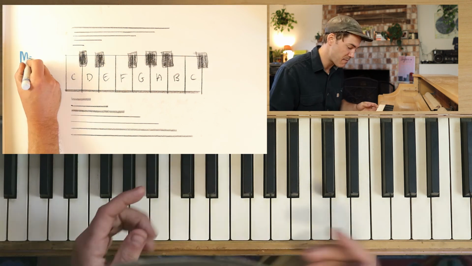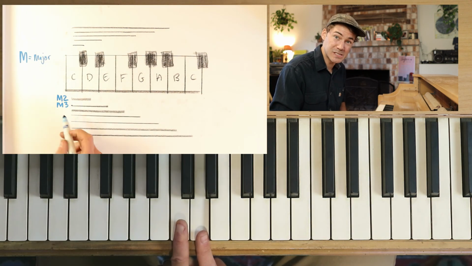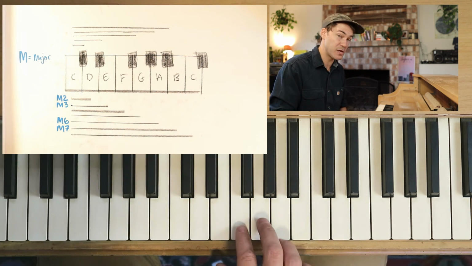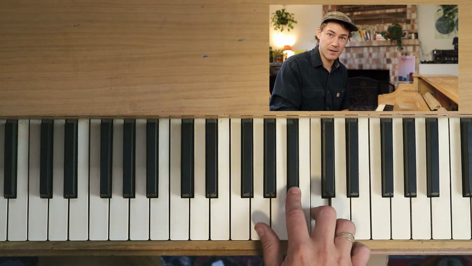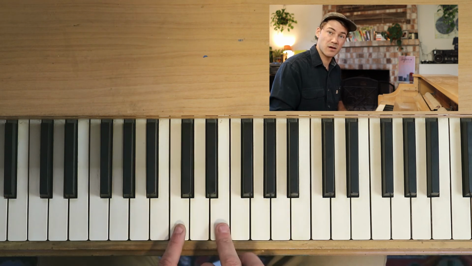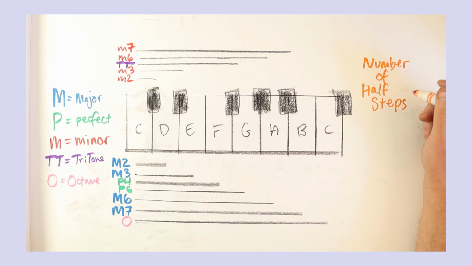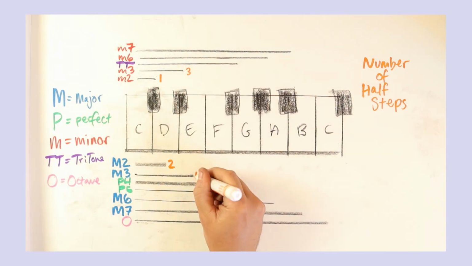So we can apply that same idea to all of the intervals. A major second is always one whole step or two half steps. So a major second could be F to G or B flat to C. Always a major second. So again, minor third, major third, perfect fourth, tritone, perfect fifth. These all have very specific distances.